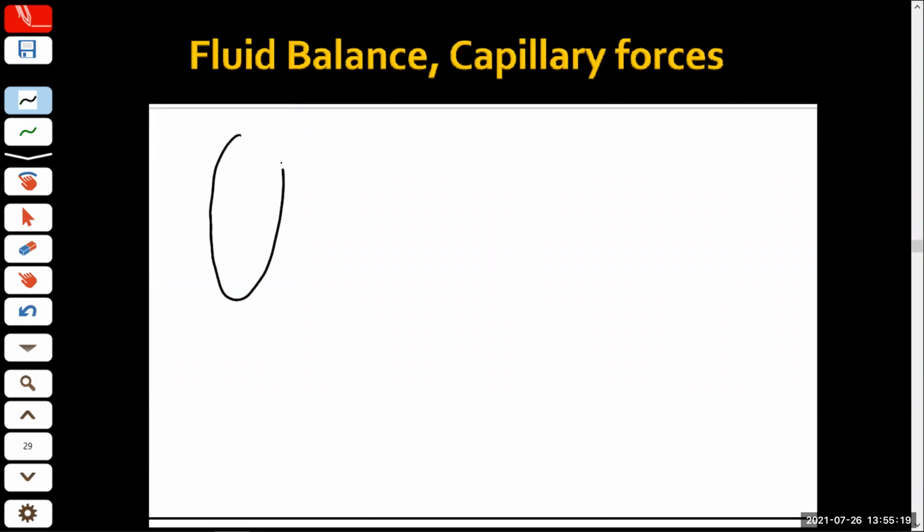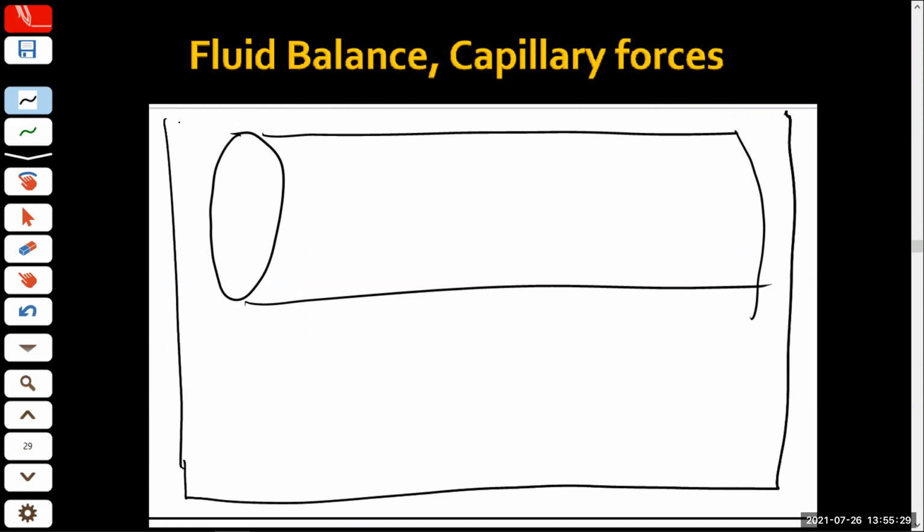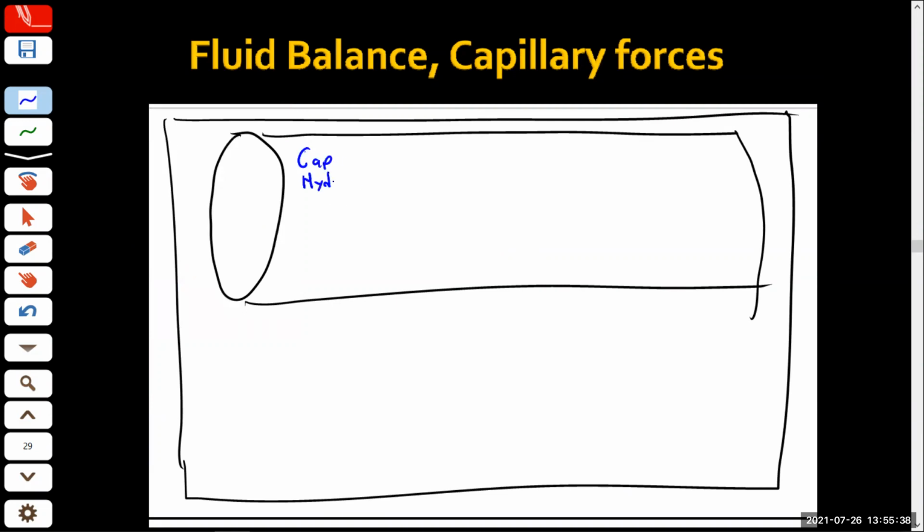So here is a very zoomed in view of the capillary inside of our interstitial space. We have two capillary pressures. We have capillary hydrostatic. That was generated by your blood pressure, correct? What organ generates your blood pressure?